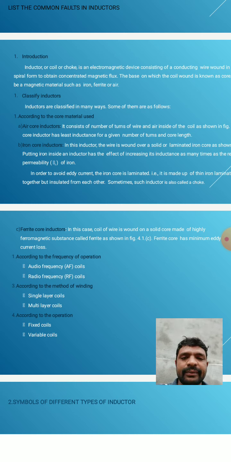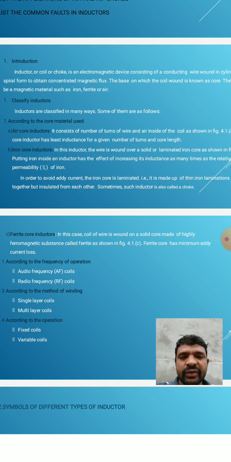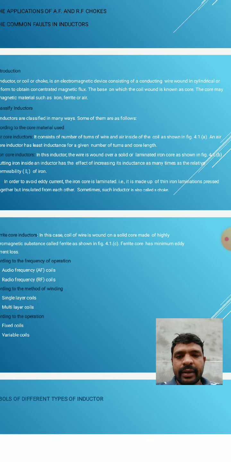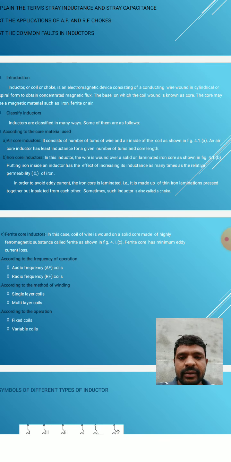The air core inductor consists of a number of turns of wire with air inside the coil. An air core inductor has the least inductance for a given number of turns and core length.